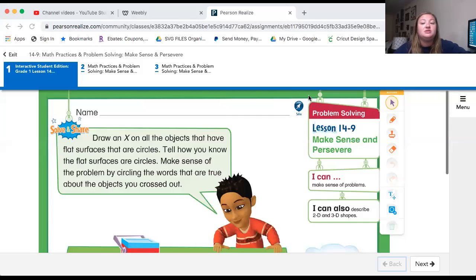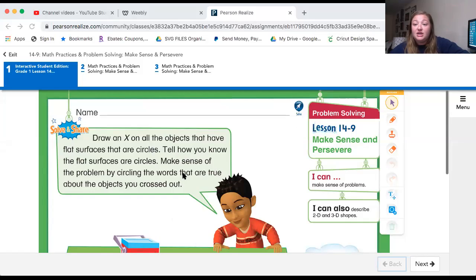Okay. So like I said, lesson 14-9, make sense and persevere. And your I can statement is just I can make sense of problems. So that means you can use your brain and you can determine what the correct answer is, but by using your brain, you're using reason.